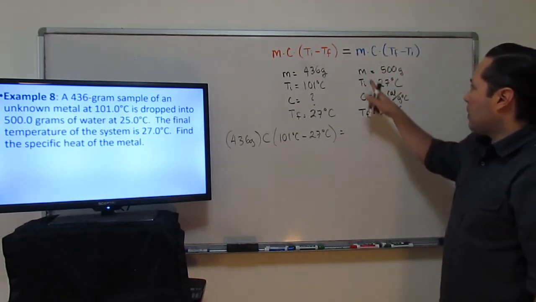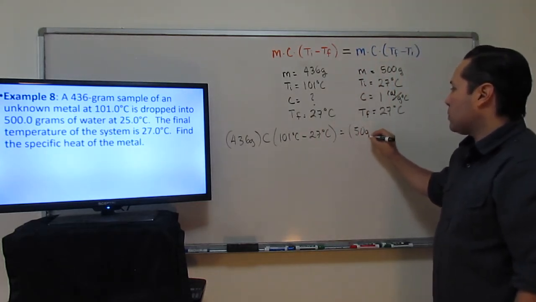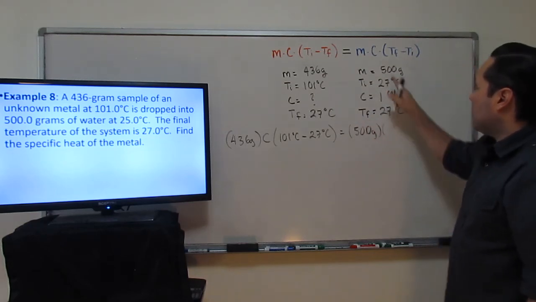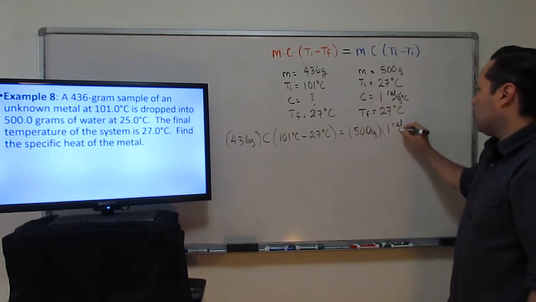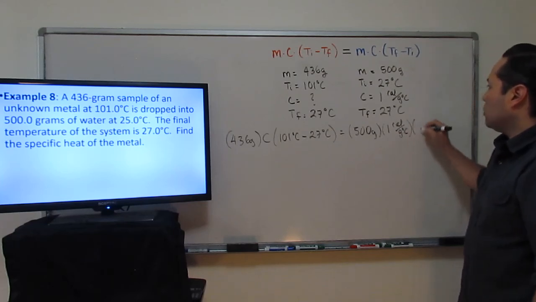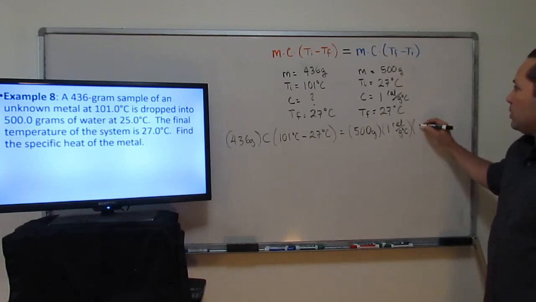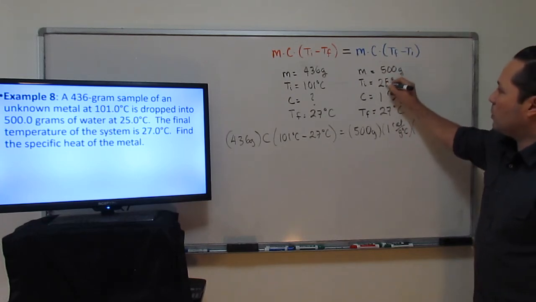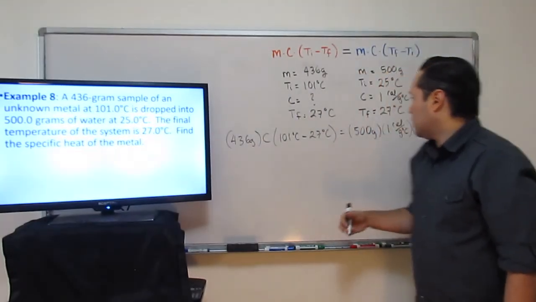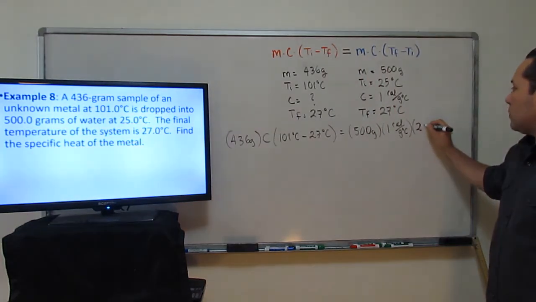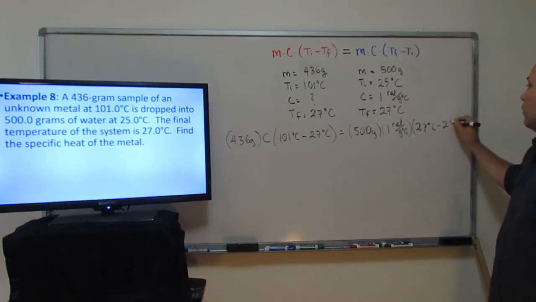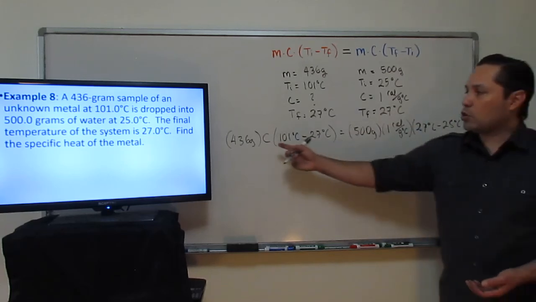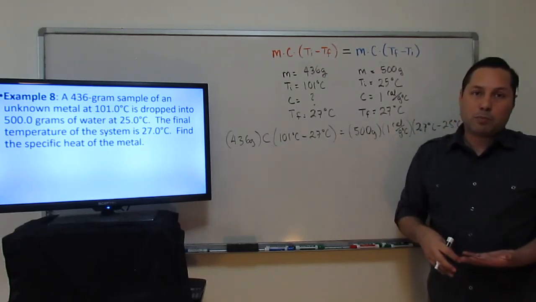Over on the right hand side we have the mass of the water at 500 grams, multiplied times the specific heat of water, 1 calorie per gram degree Celsius, multiplied times the final temperature of 27 degrees Celsius minus the initial temperature of the water, 25 degrees Celsius. That's all the information that's given to us, and we're solving for the specific heat of this metal.